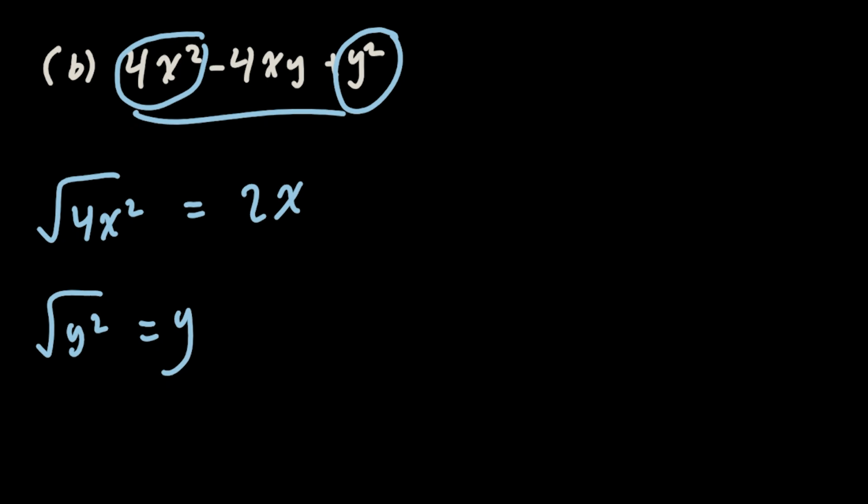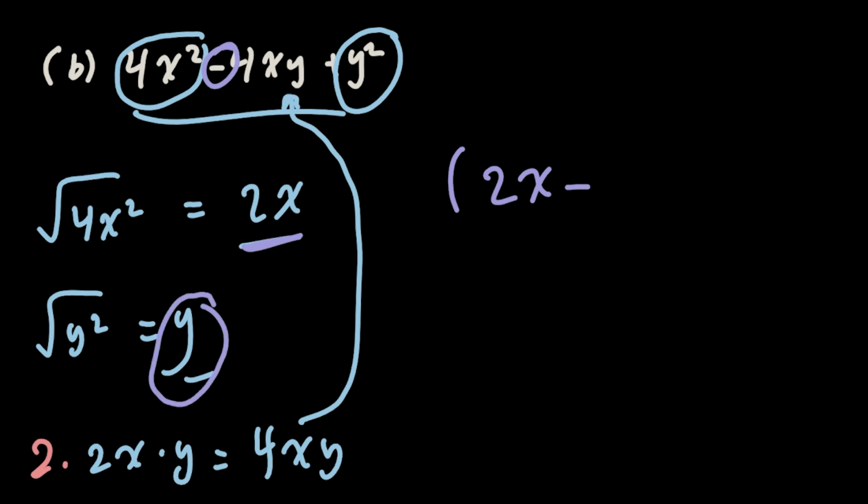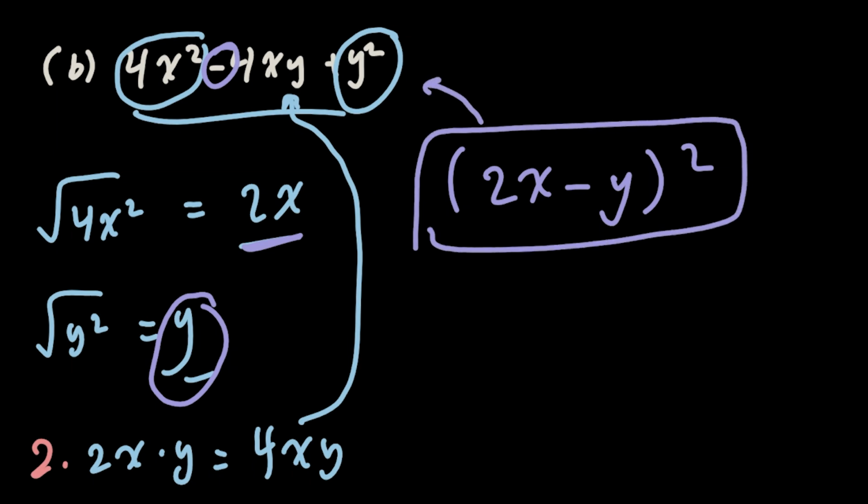Then we have 2 multiplied by this term and this term, so it's 2 times 2x times y. We get 4xy, which is this term here. So it's a perfect square. We can rewrite it as 2x, this sign, which is minus, and this term here, which is y, all to the power 2. So this is the factoring for this expression here.